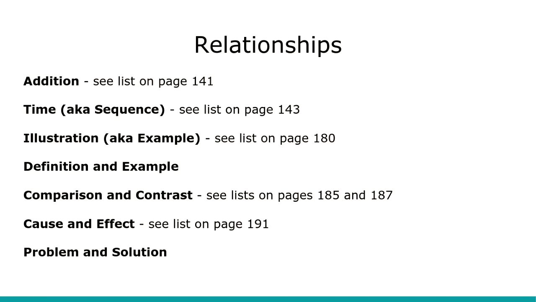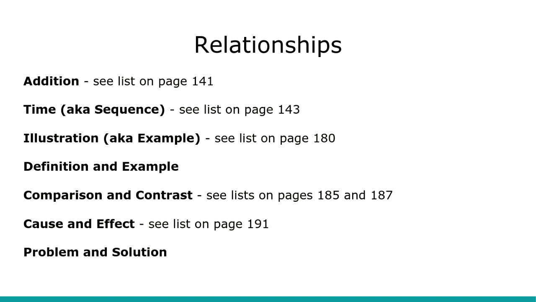So you're going to see addition, the time and sequence words and transitions, illustration or example. Now, the definition and example doesn't have a list of transitions because it is just a pattern. But if you're going to be using an example, you're going to be using the same kind of transitions you see in the illustration here.